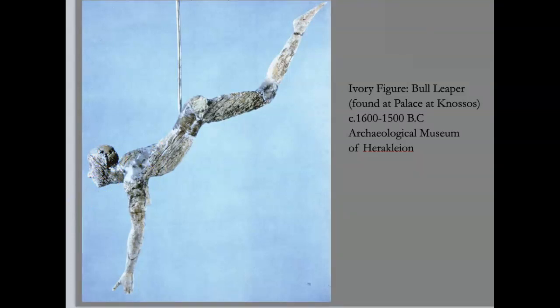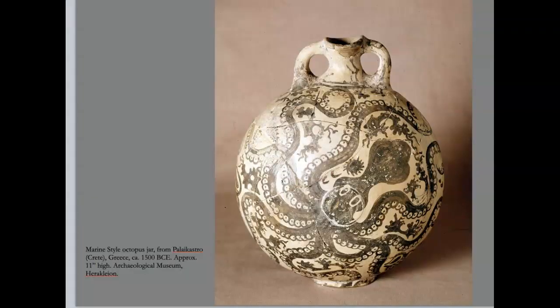The last thing I want to talk about is, in fact, pottery. And this jug that has been nicknamed the octopus jar, and obviously you can see why. So the Minoans are really wonderful in the fact that they introduce the potter's wheel. And they having a wheel to make pottery versus a hand-built pottery.